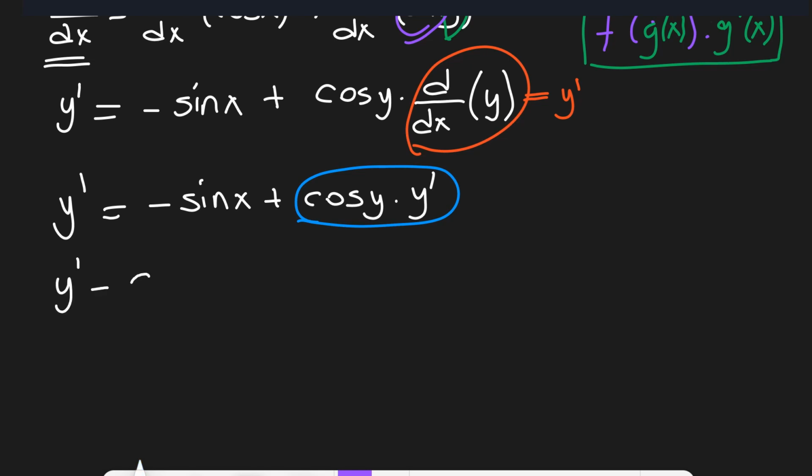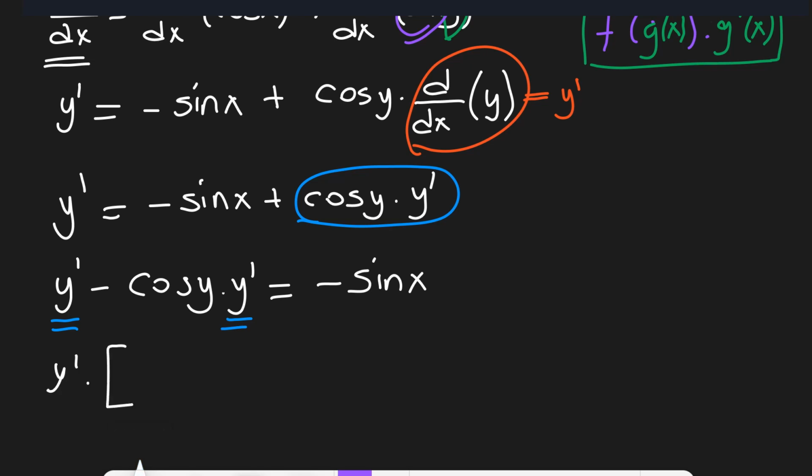Y prime minus cosine y times y prime is equal to negative sine x. The derivative of y is a common factor here. Let's factor it out. Derivative of y times 1 minus cosine y is equal to negative sine x.